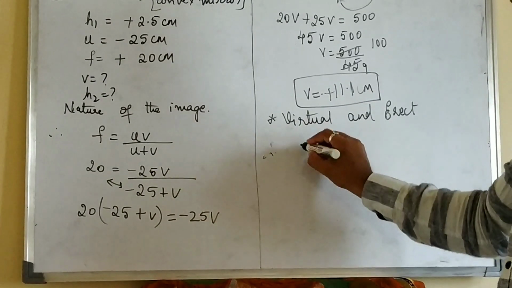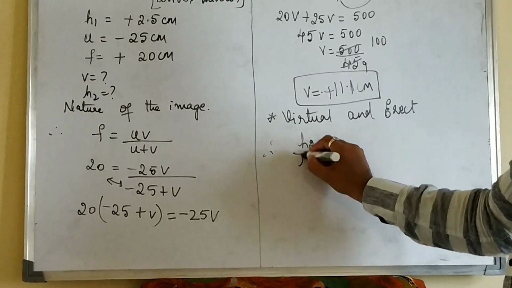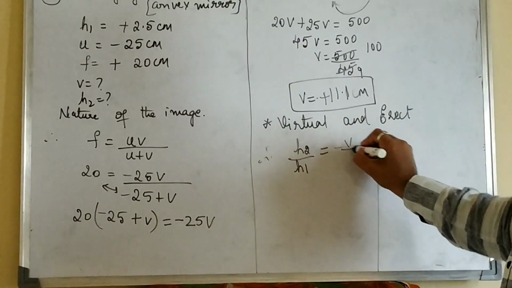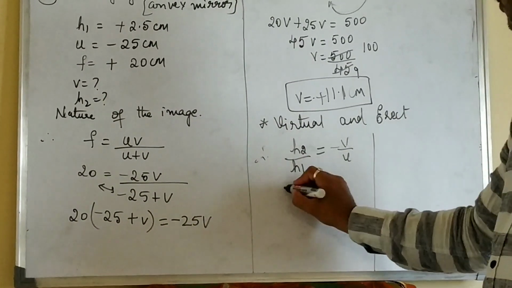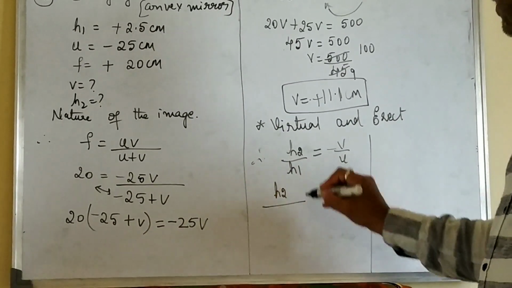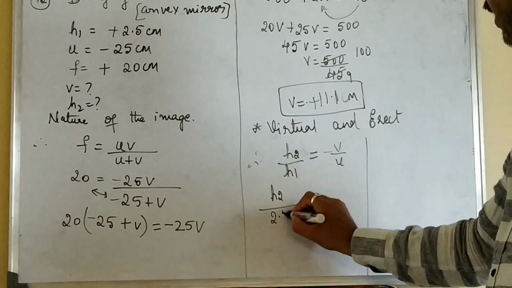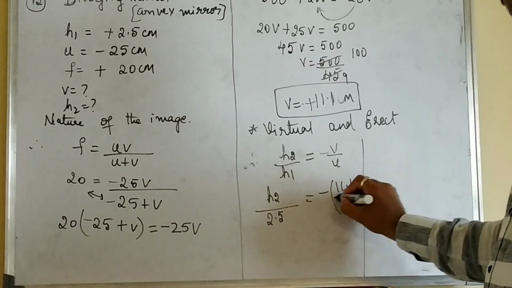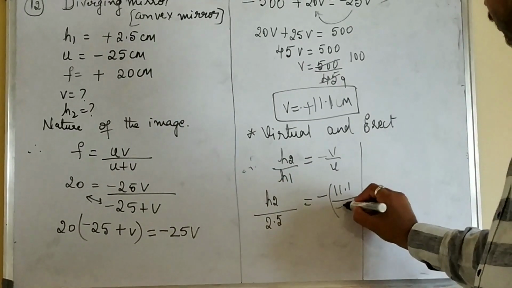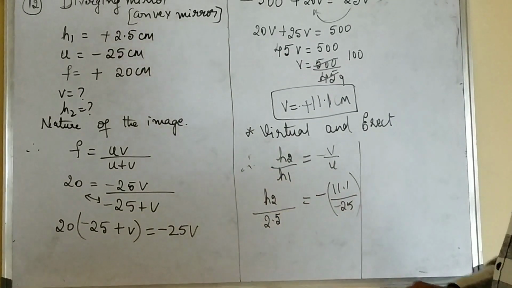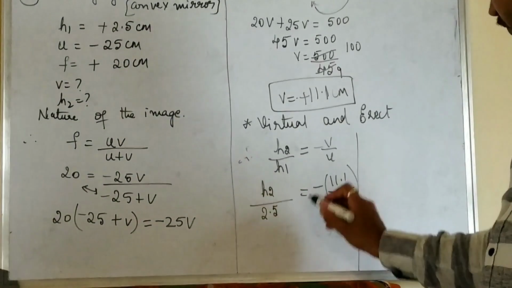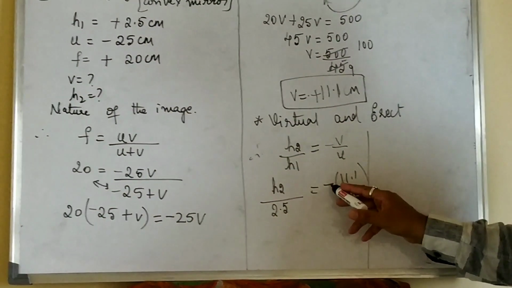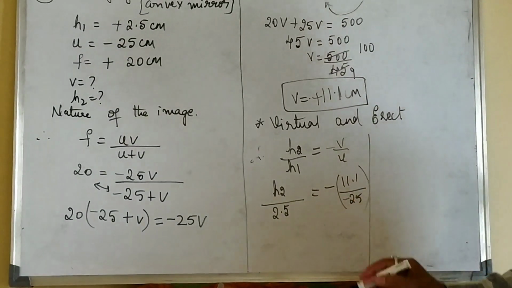Virtual and erect. Now we have to find out what? h2. Therefore, we have h2 by h1 is equal to minus v by u. So you don't know what is h2, divided by h1 you have 2.5, is equal to minus of v is 11.1 divided by u is minus 25. Now, minus divided by minus is plus.